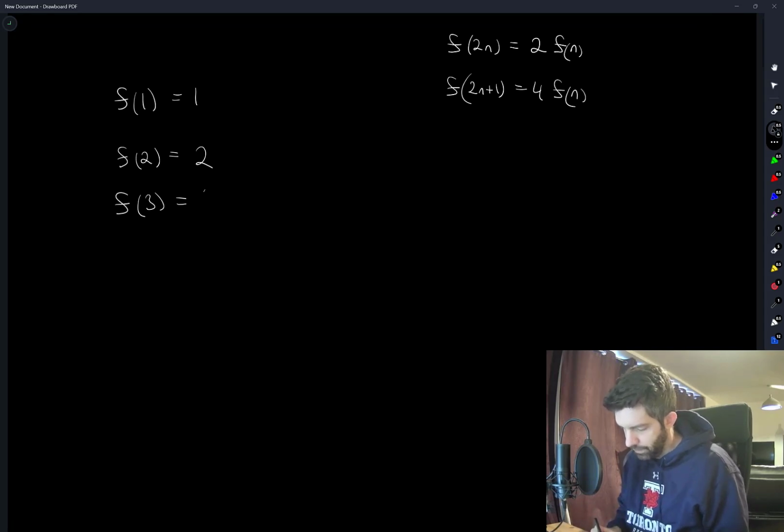So f of 3 is going to equal 4. F of 4 is going to be also 4. F of 5, is it also 4? Yeah.